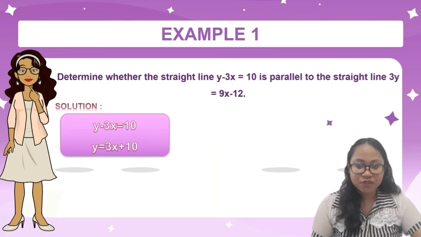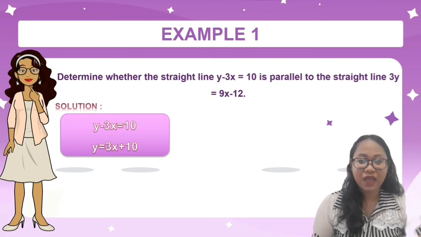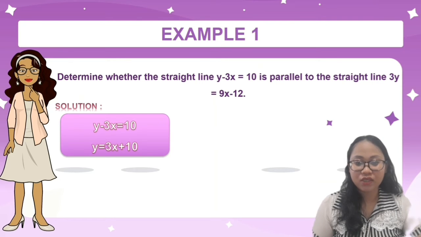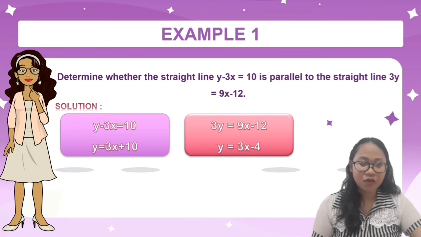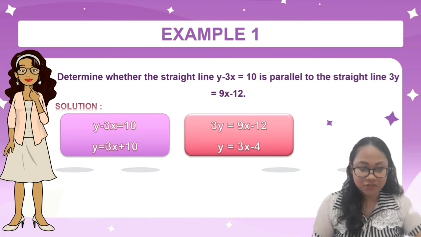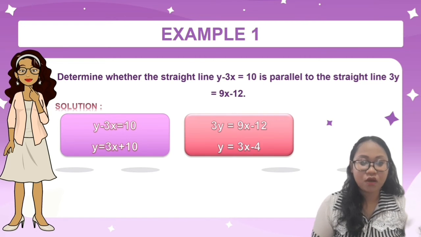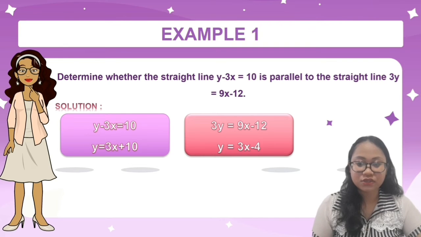For the first equation, we move the 3x to the right hand side and the equation becomes y equal to 3x plus 10. For the second equation, we need to divide all the equation by 3 and the final equation is y equal to 3x minus 4.